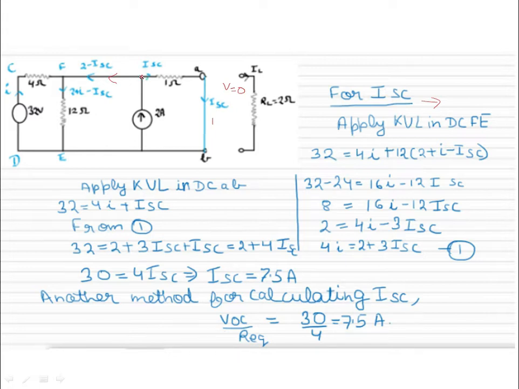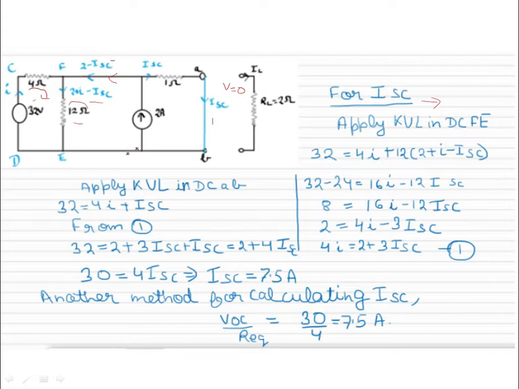Then you will understand that total current going to the node is equal to total current moving from the node. Therefore, this current is equal to 2 minus ISC. And let us assume that current I is flowing in this direction. Then the total current flowing in this 12 ohm resistor is I plus 2 minus ISC.